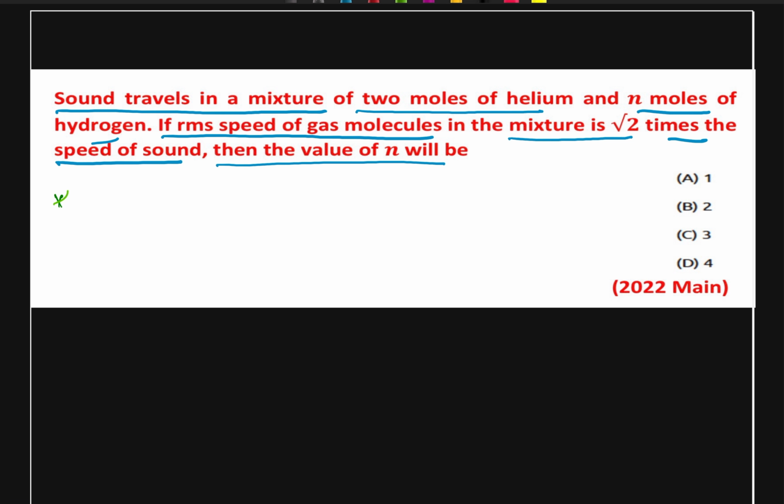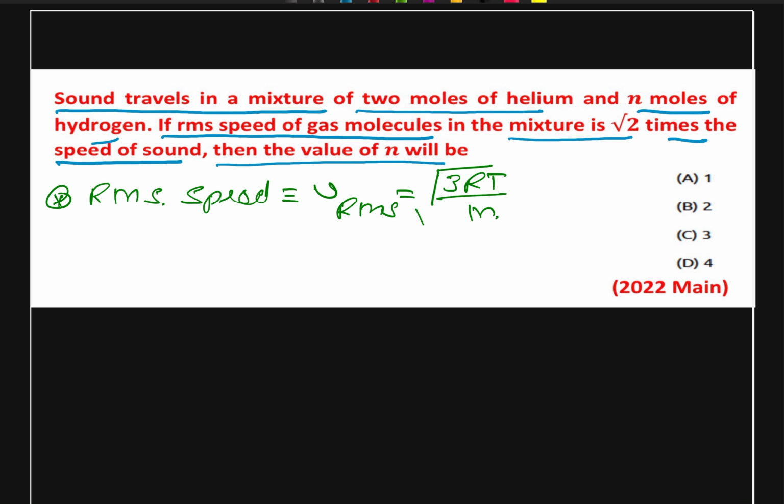And we know that our RMS speed, which is given as VRMS, is equal to square root of 3RT divided by M. And we are given in the question that the RMS speed is square root 2 times the speed of the sound.